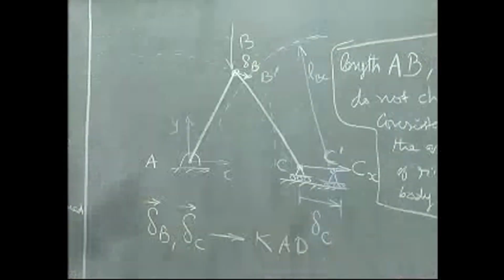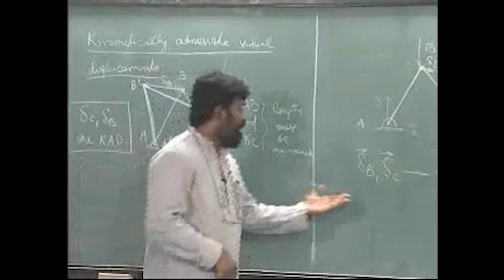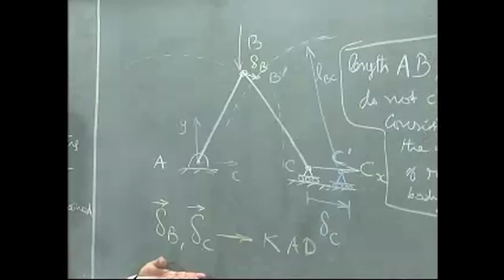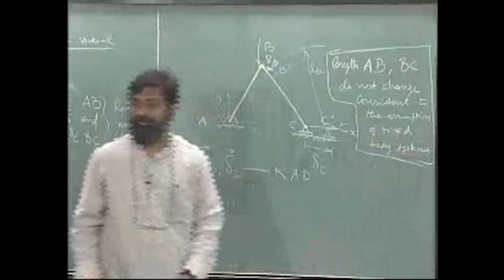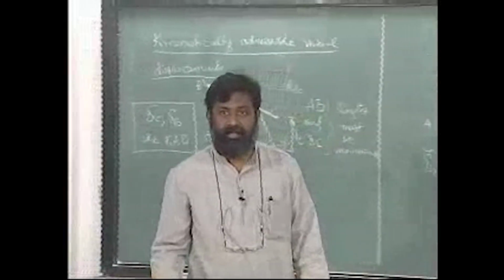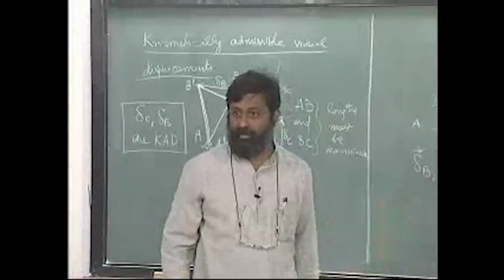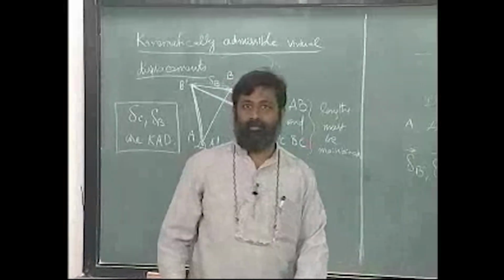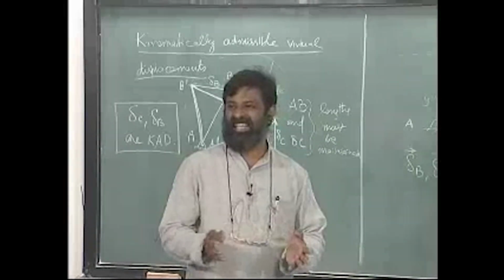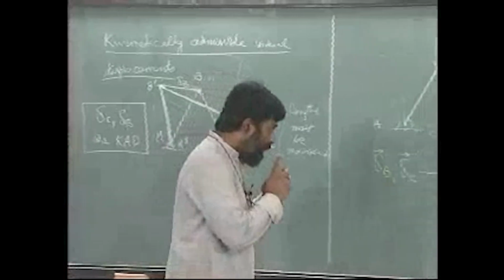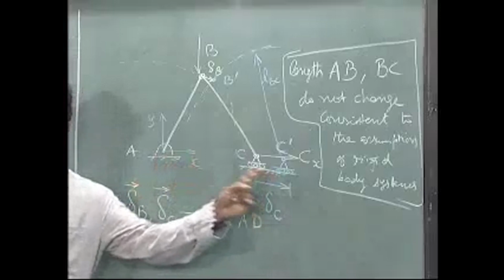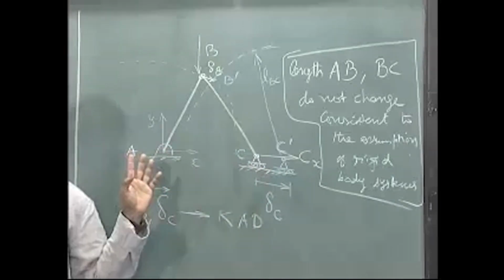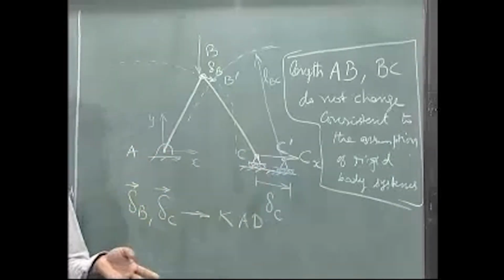Is this clear? And that is how I go about finding displacements that are consistent with the rigid body assumption, alright. As long as I maintain this, absolutely no problem, I will get equations of equilibrium that are correct, okay. Again I will repeat this because this is very important. Please make sure the directions of the virtual displacements are properly found out.